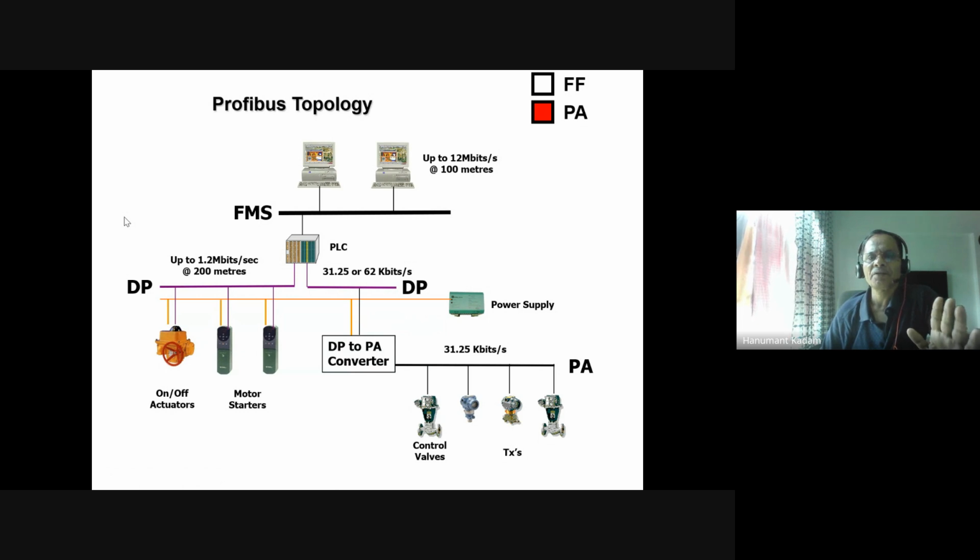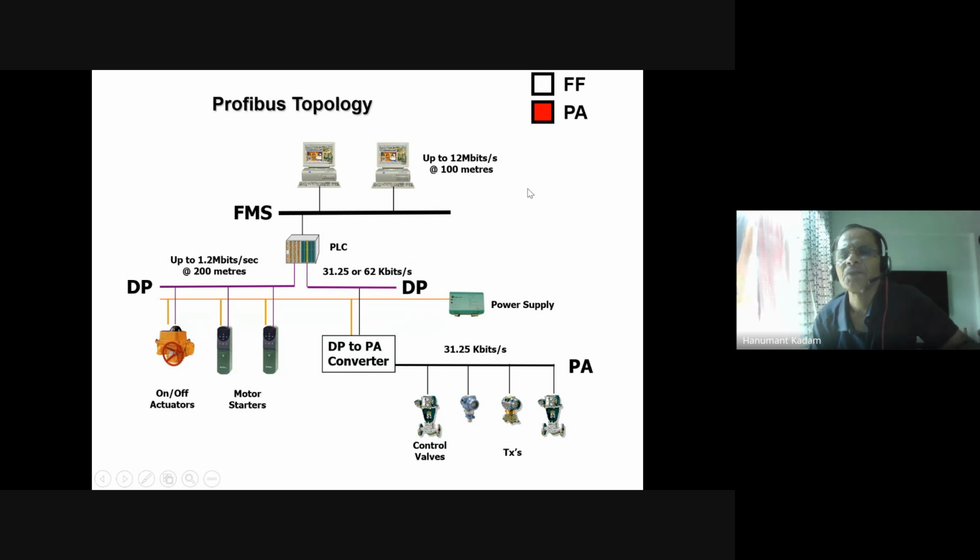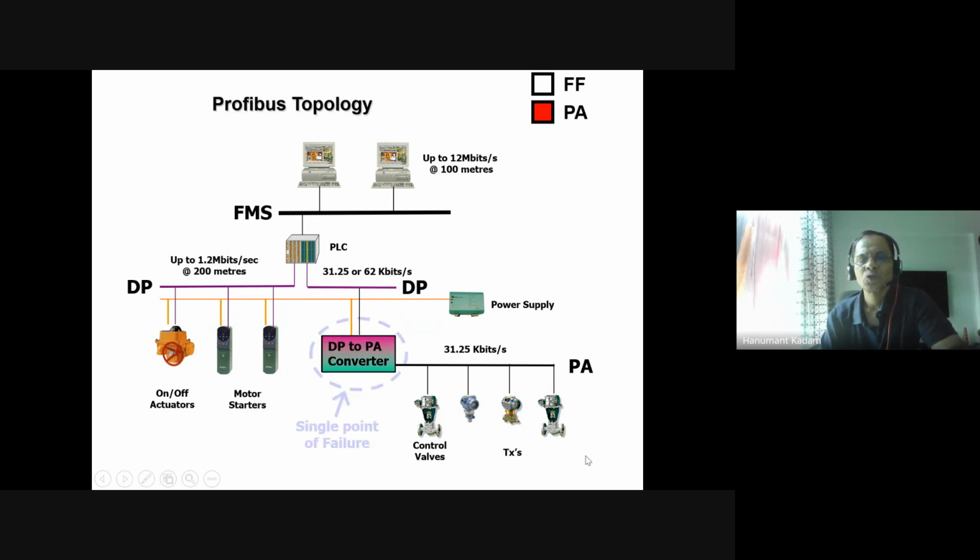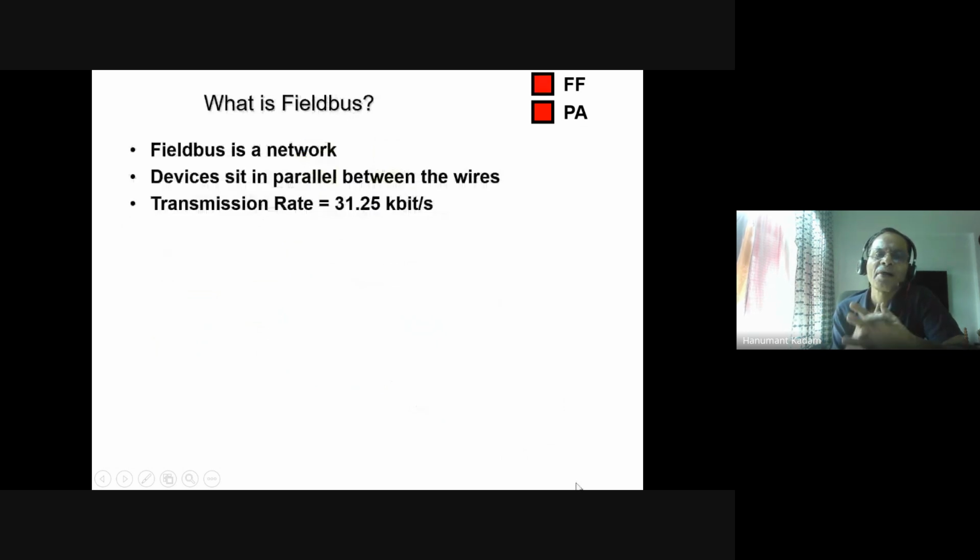FMS is a control network, where you can see the speed of 12 Mbps at 100 meters distance, 1.2 Mbps at the DP side, and on the field instrument side 31.25 kbps. But a DP to PA converter is required in between when you are connected to either PLC or DCS. With the DP to PA converter being a single point, if this fails, the entire network fails. That is a drawback of this protocol.